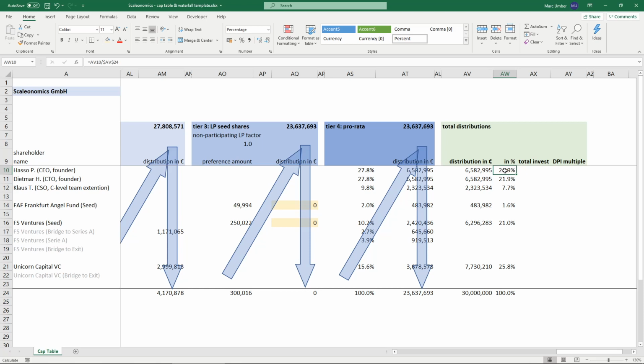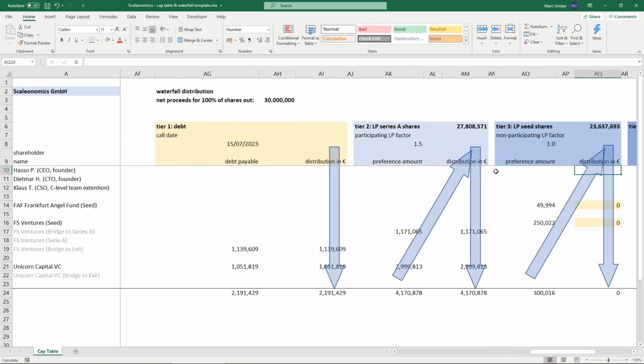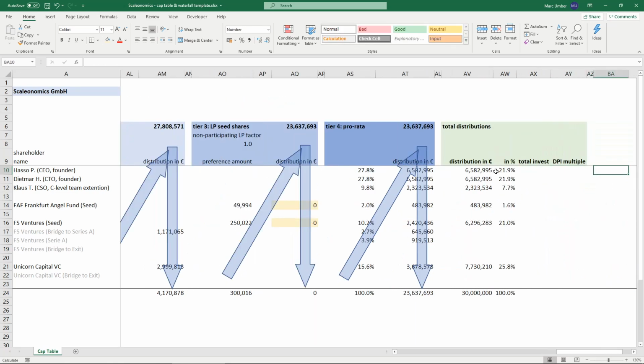He receives 21.9% of total proceeds, although he's holding 27.8% of Scalenomics. This is due to the fact of the liquidation preferences that end up in the waterfall distribution and introduce distortions to the cash flows.